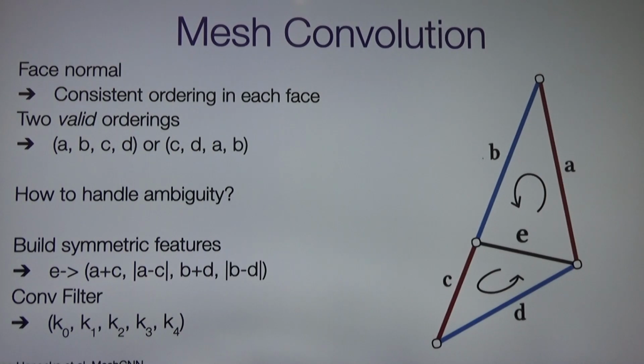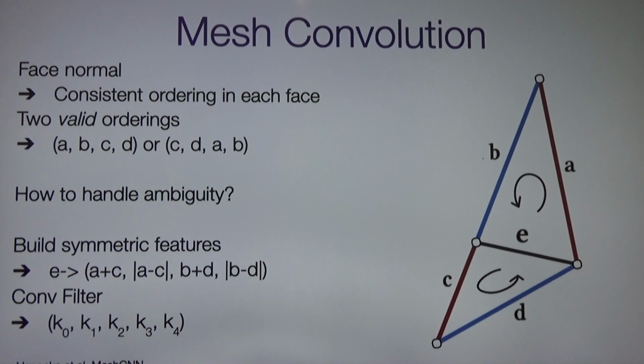Because we have a triangular mesh, edge E is incident with two triangles. Even though the mesh is correctly and consistently oriented, we still have two valid orderings of this set of edges. So we either order them using ABCD or CDAB.